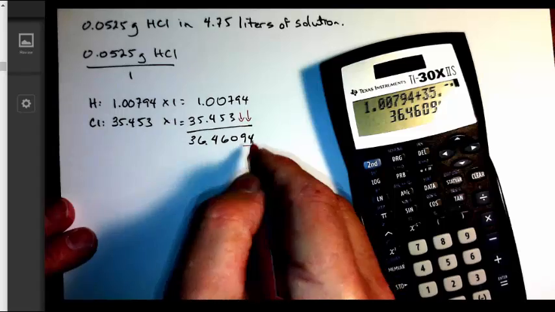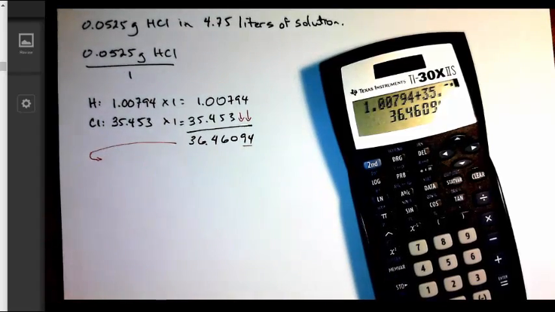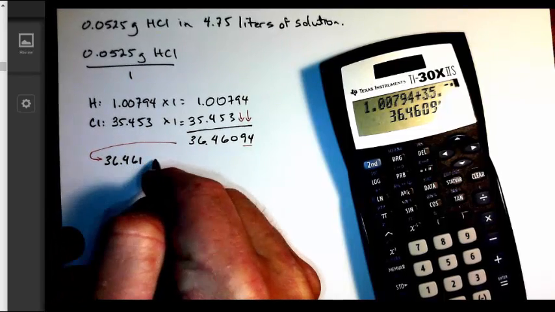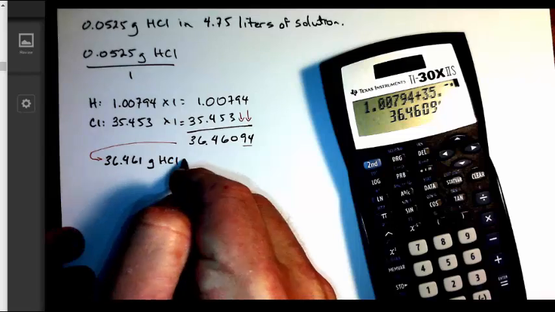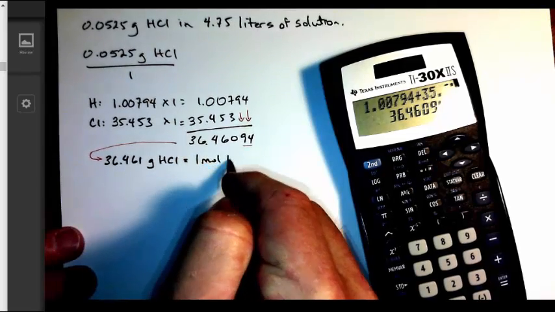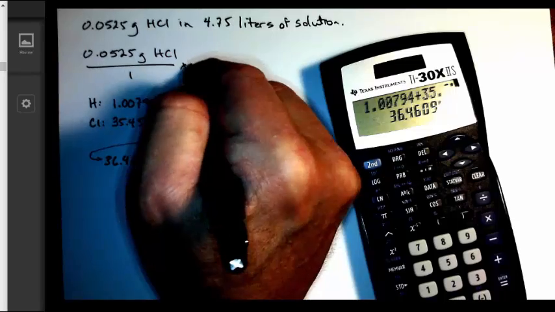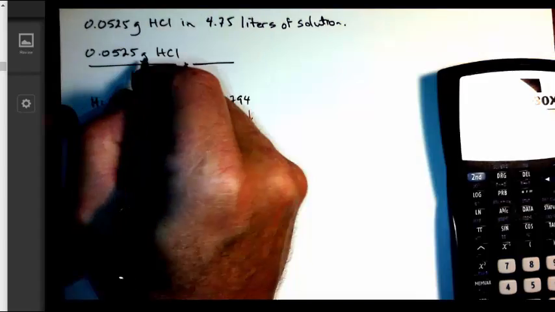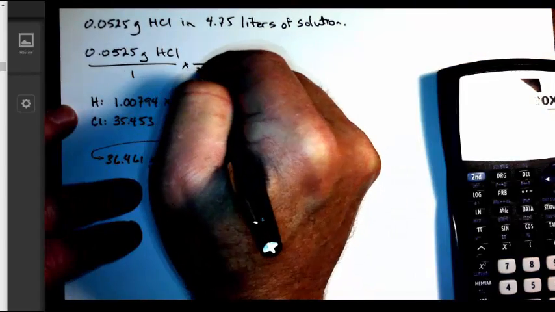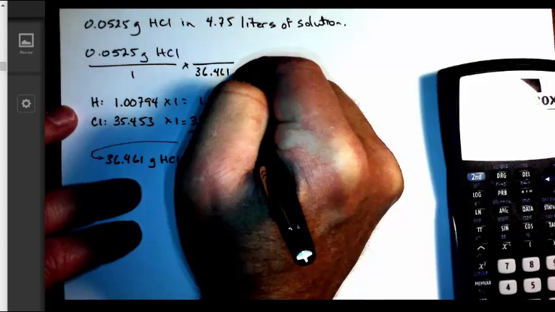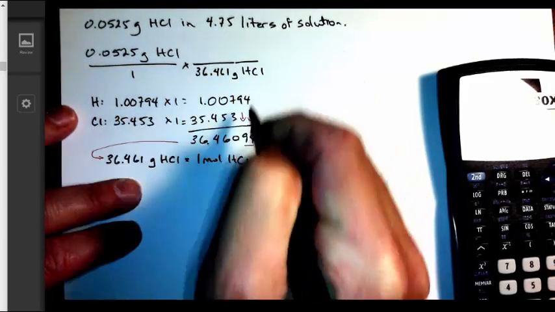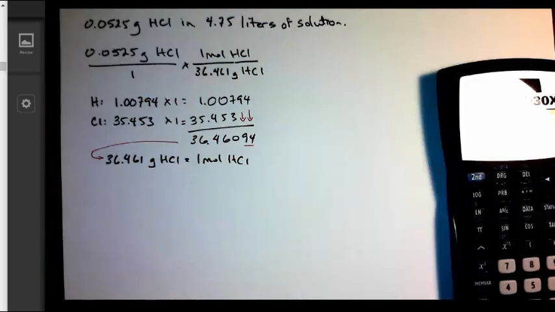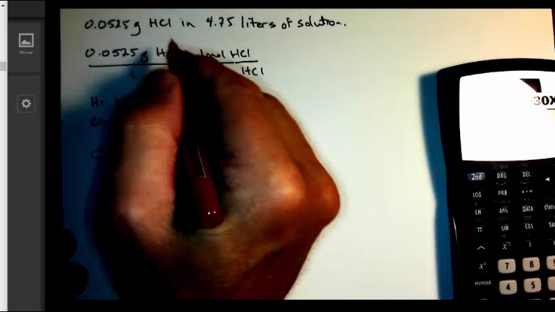We're going to round those off, and we get a molar mass of 36.461 grams of HCl. That's equal to 1 mole of HCl. That gives us the ability to build a conversion factor now from this equality statement. Grams go on the bottom to match the grams on the top here, and 1 mole goes in the top. Okay. We cancel out grams of HCl, and we have moles.